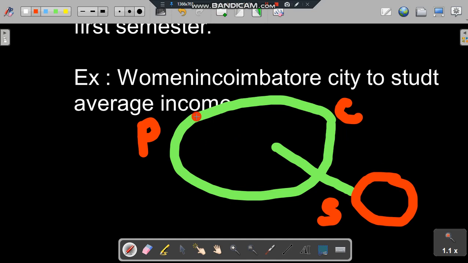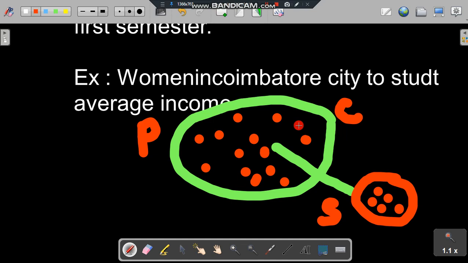Take for example the population of Coimbatore. There are so many women. From them I take only 4 or 5 women and find the average income, and whether that income is applicable to the population or not, we will study later. So the small part is called the sample, and the big part is called the population.